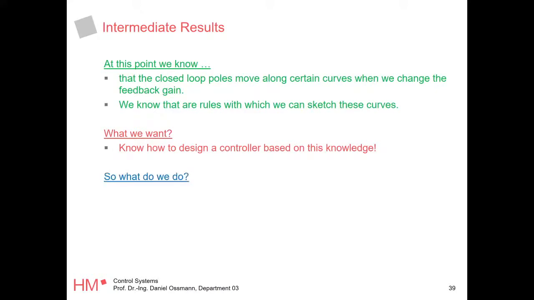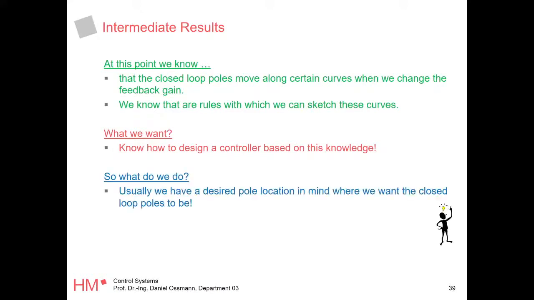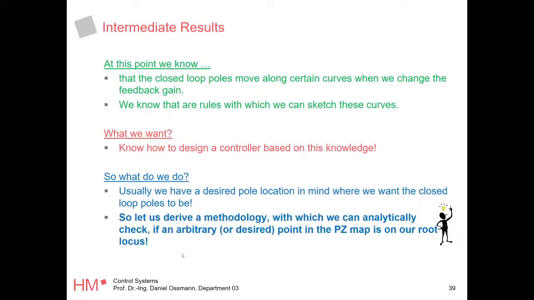So this is the goal. How do we get there? First, we need to discuss, say we have a certain point in mind, and we're going to check if that point is on our root locus curve. Unfortunately, most of the time in practical examples, the answer will be no. But it's crucial for your understanding that you know how to do that. And if we have done that, then we can trace that back and actually design a controller.